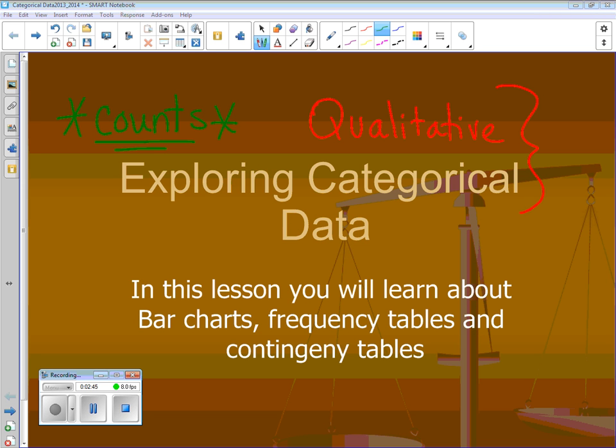Now, it's not measurable, meaning that we're not going to be creating a histogram, okay? But we are going to be looking at the data in such a way that it goes into these categories of data. Now, there's also pie charts in here.